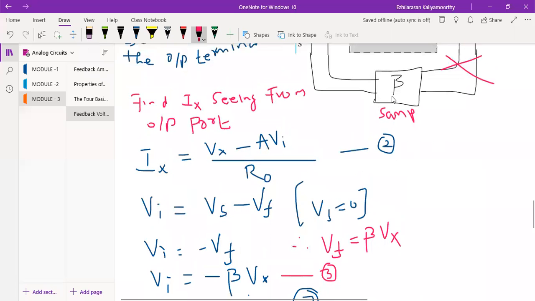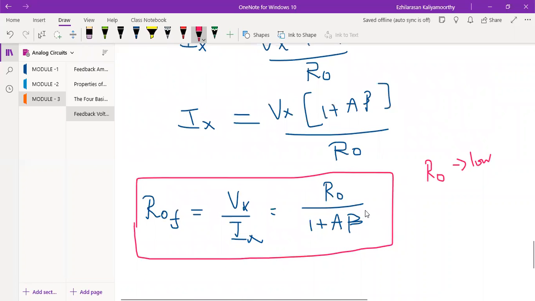When you do sampling at the output, the beta value changes, because A normally will be very high, so automatically the R naught value will get reduced.